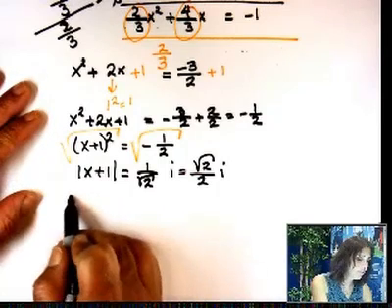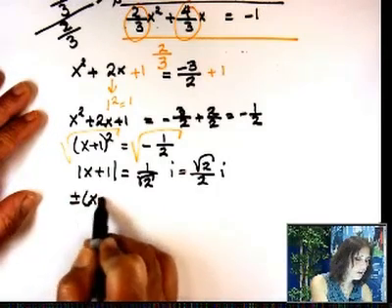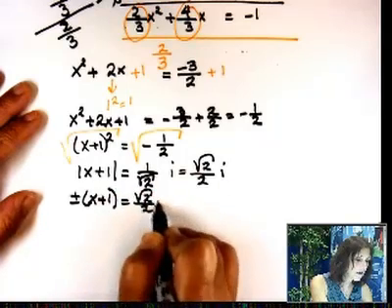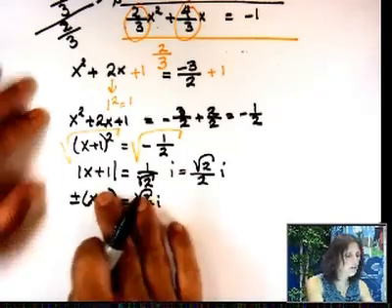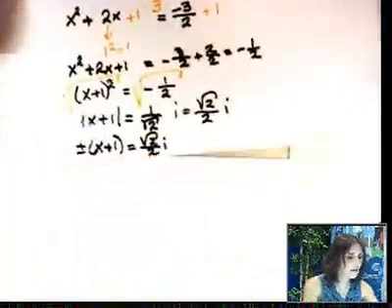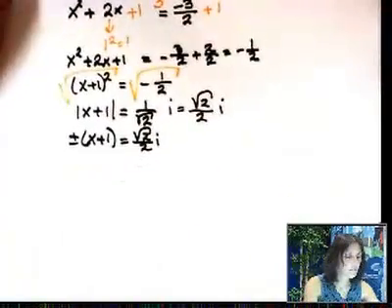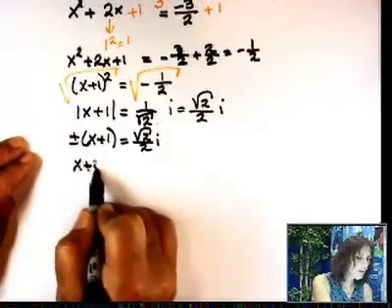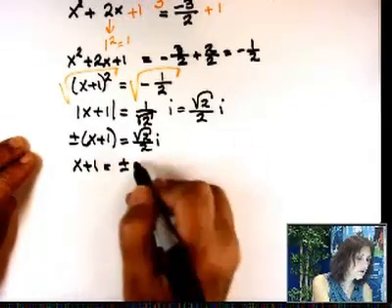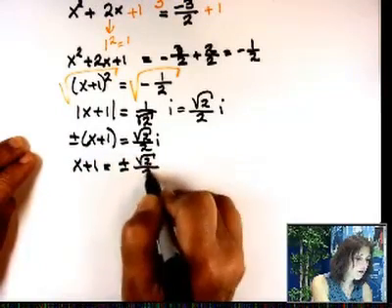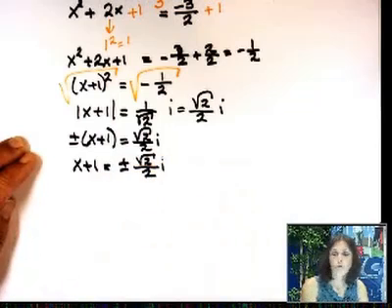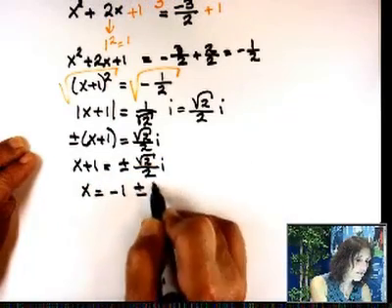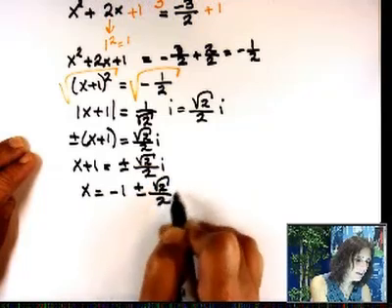You're going to end up with plus minus rad 2 over 2 i. Move the plus minus to the other side. You're going to end up with x plus 1 equals plus minus rad 2 over 2 i. Move the 1 to the other side. x equals negative 1 plus minus rad 2 over 2 i.